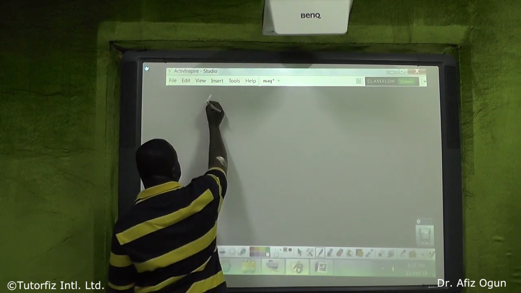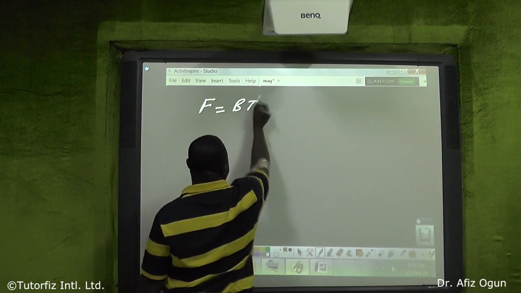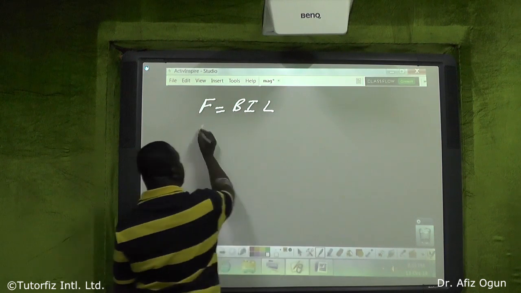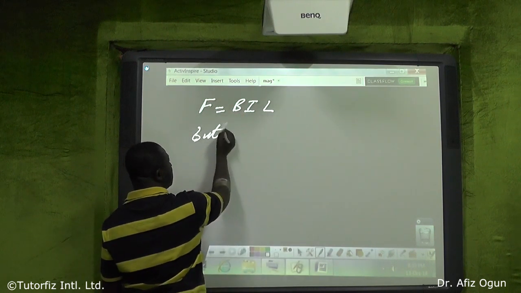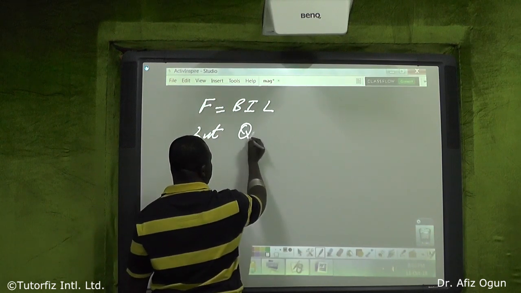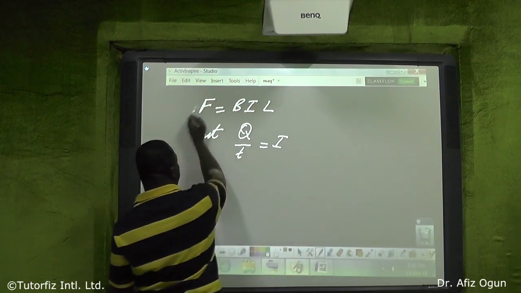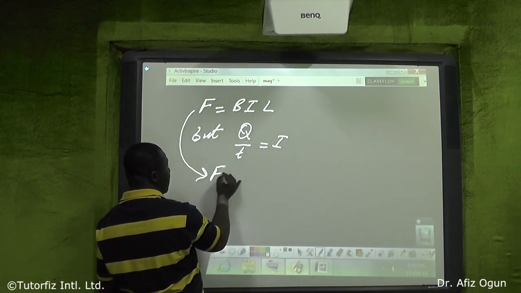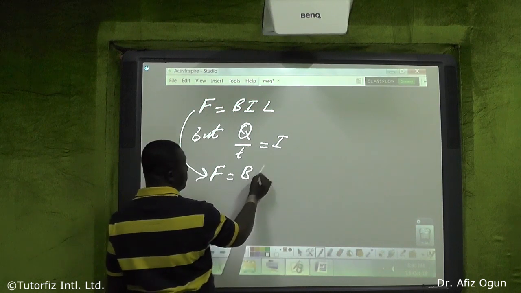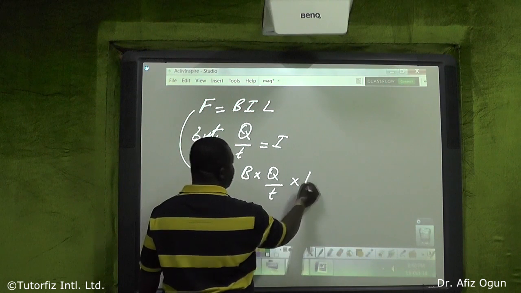If I say that the force we are talking about is BIL, but current is related to charge by what? By Q over T equals I. So I can rearrange this to say F equals B multiplied by Q over T multiplied by L.